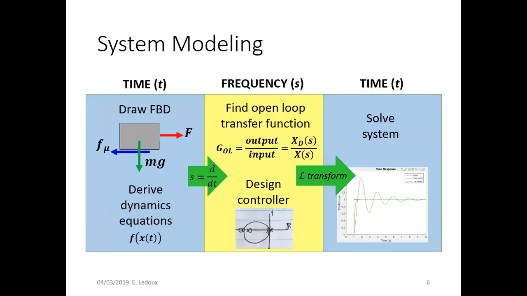So there's kind of two parts to the problem solving with this. For system modeling, you start out in the time domain, because that's real life. So we're over here in the time domain. Draw the free body diagram of your system with all the forces on it and derive the dynamics equations. So that is in the time domain.